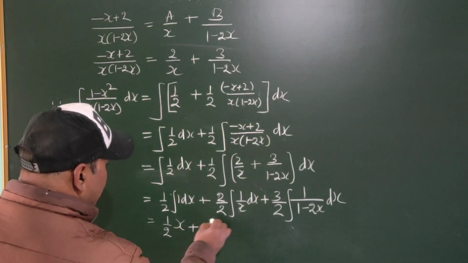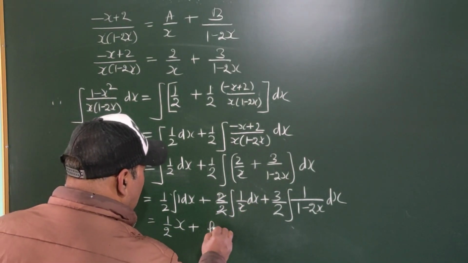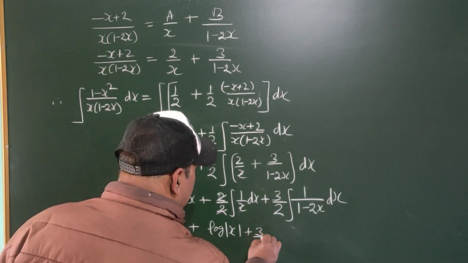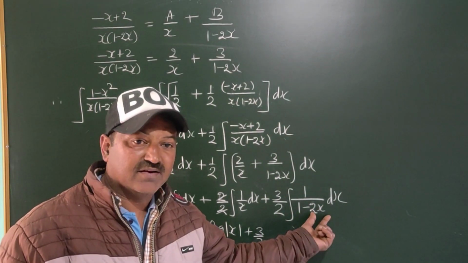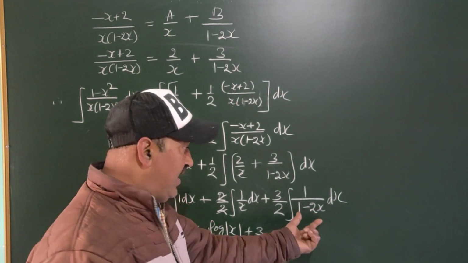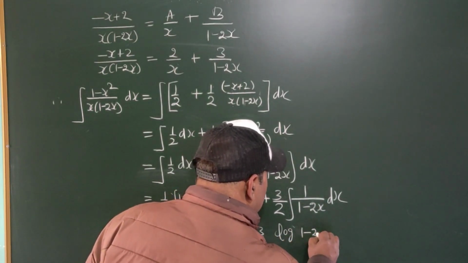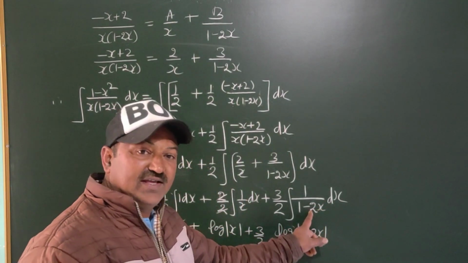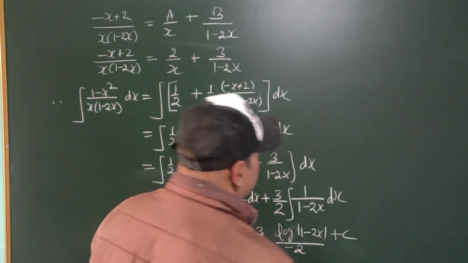Now the integration of 1 is x, plus, cutting 2 by 2, the integration of 1/x is log of modulus x, plus 3/2 into the integration of 1/(1 - 2x). That is linear, and its integration will be log of modulus (1 - 2x) divided by the coefficient of x, that is -2, plus c.